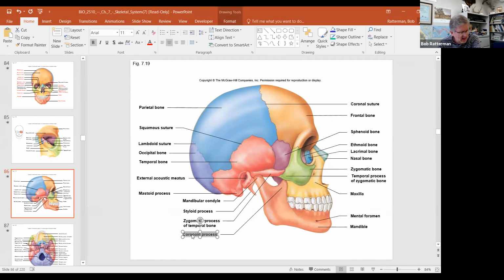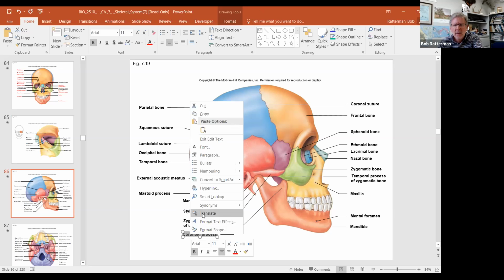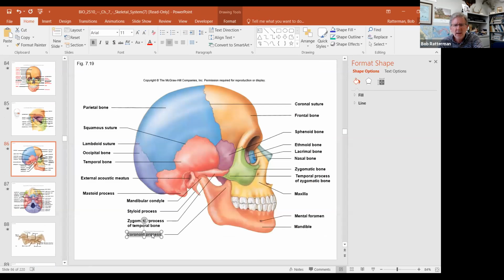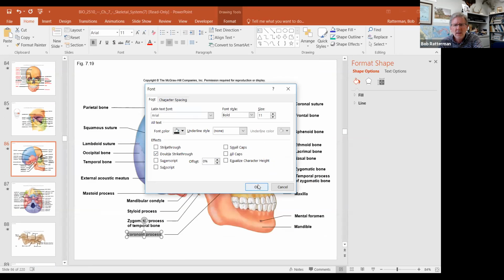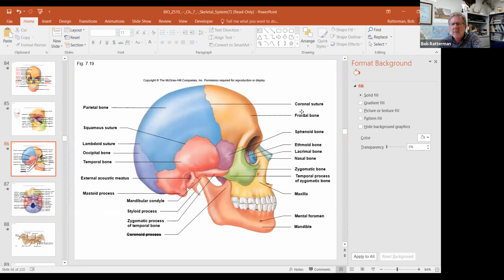It's on the list, I think, but I did not go over the coronoid process, so I'm not going to worry about that one. I think I can do a double cross through here. And then I think all of these other structures we looked for.